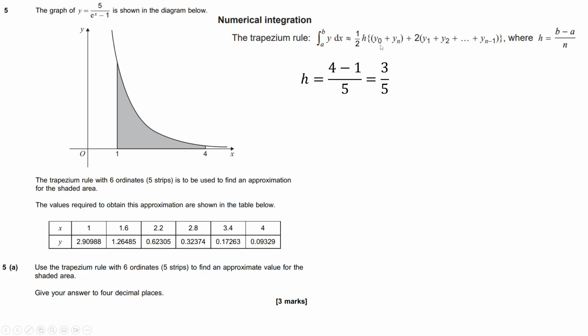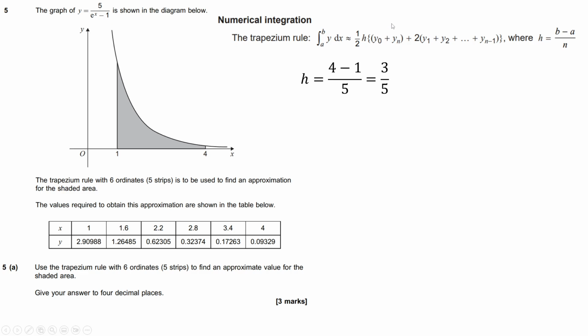Now, y subscript 0 and y subscript n is just the first pair of values, and then the last pair. If you just imagine it, you're going y1, y2, y3 all the way up to yn, the last strip, so that just must be the last pair.